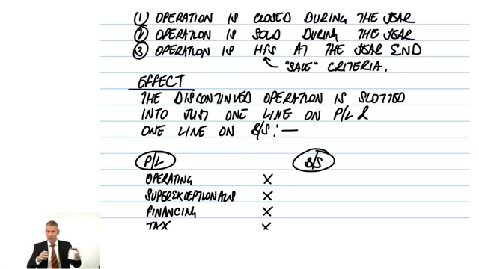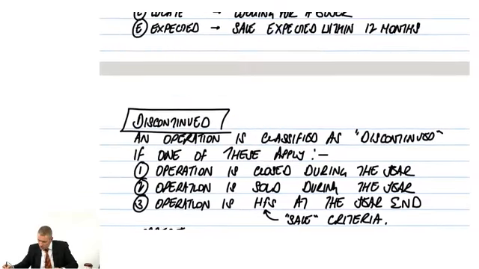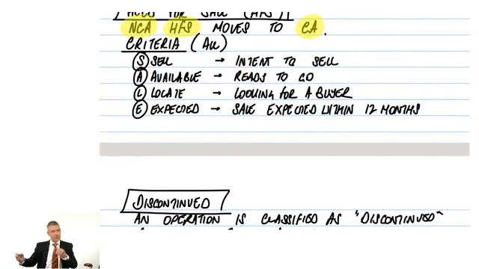Go back to coffee. Actually, we're selling coffee at the beginning of the year and we're selling coffee at the end of the year. Our core business is computers, and that's definitely continuing throughout. But coffee, we intend to get rid of the coffee, but we haven't got rid of it yet. In which case, we test the coffee to see if the coffee operation is held for sale.